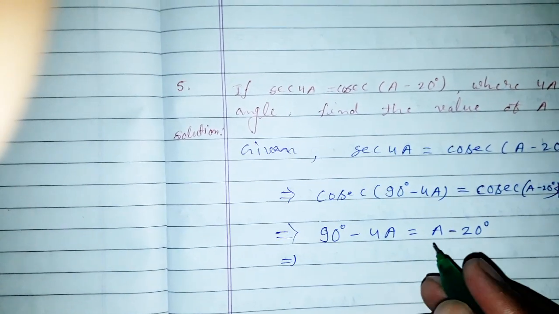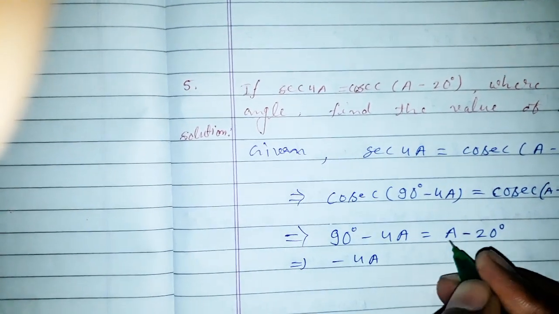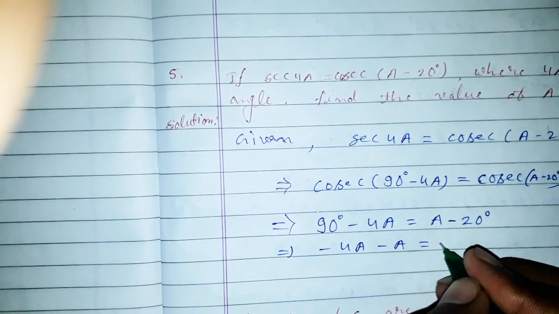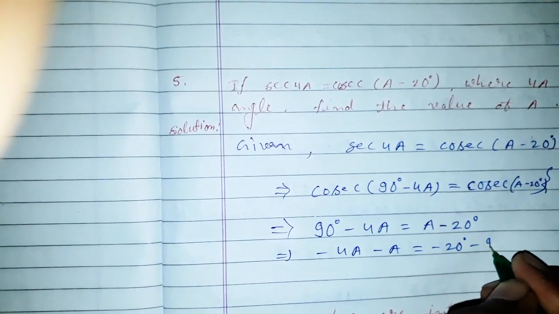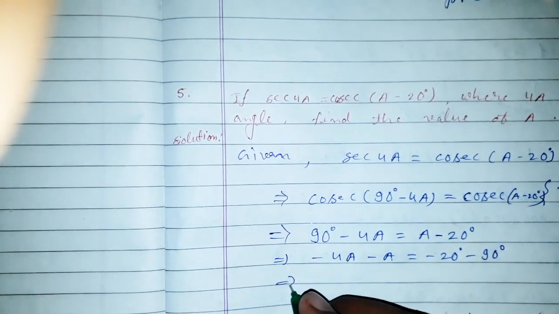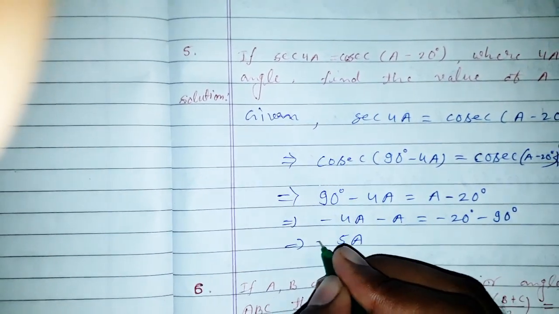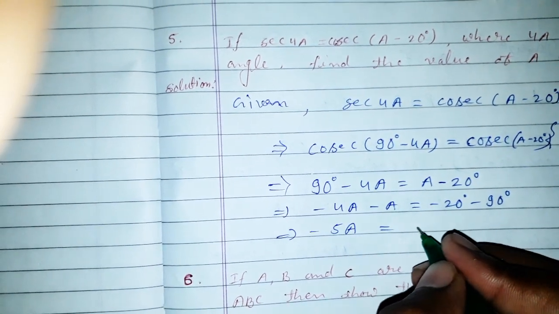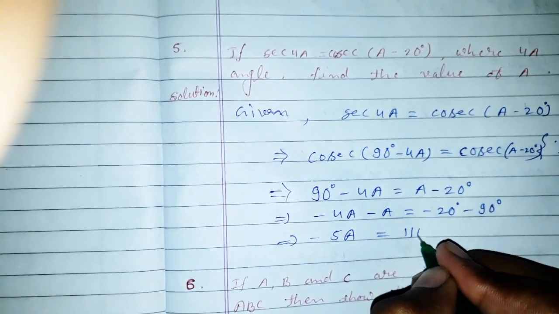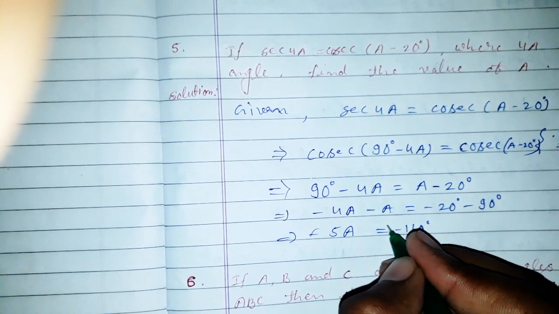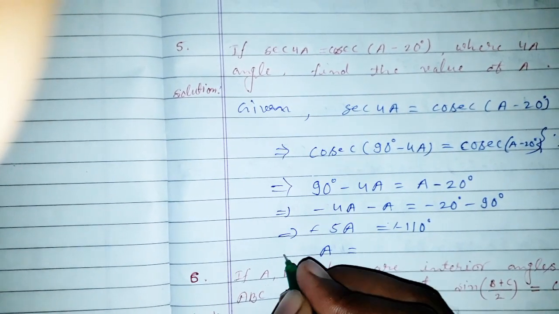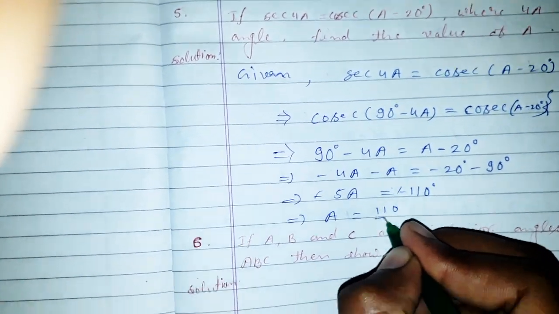So transposing here, minus 4A minus A is equal to minus 20 minus 90. So this is minus 5A equal to minus 110. Minus cancels, so A is equal to 110 divided by 5.